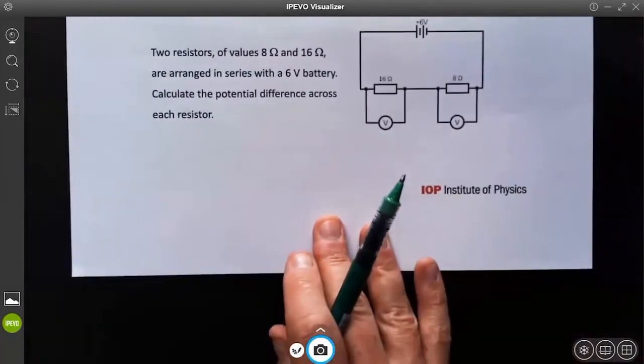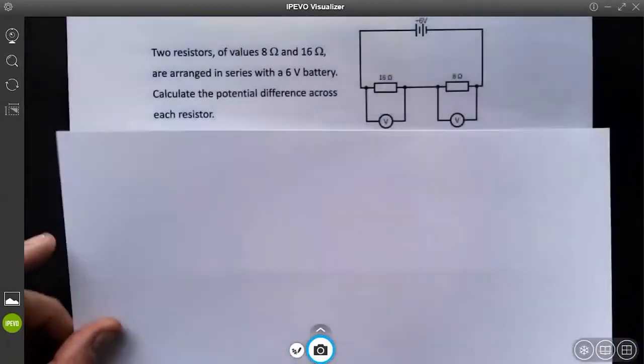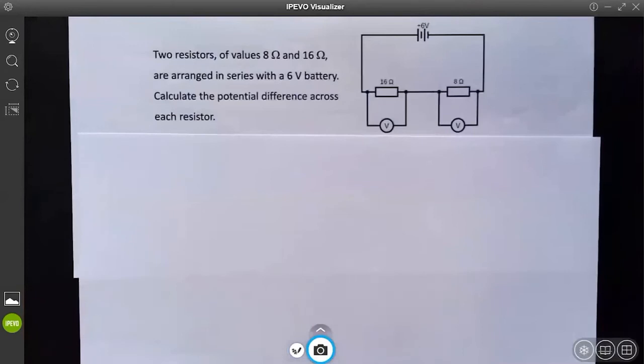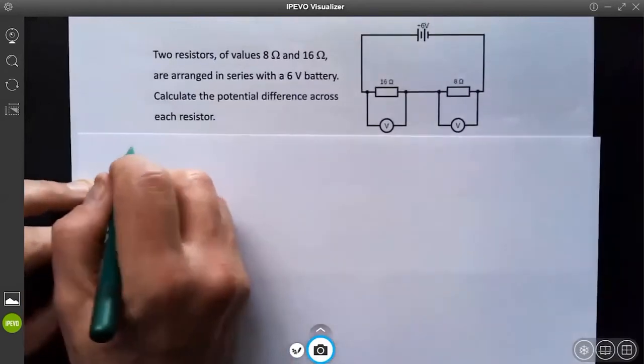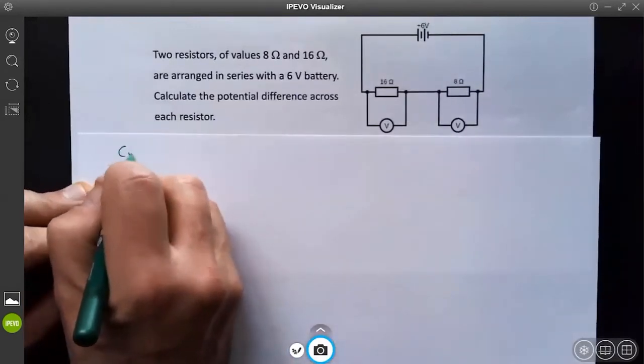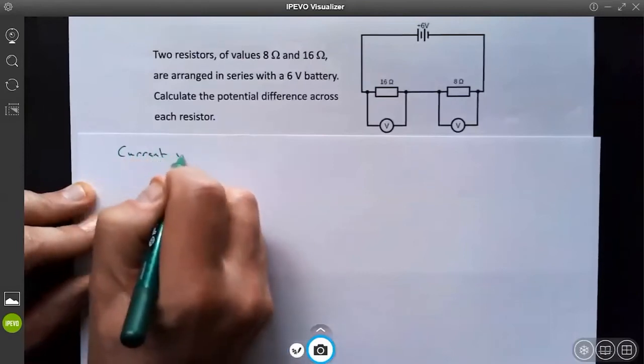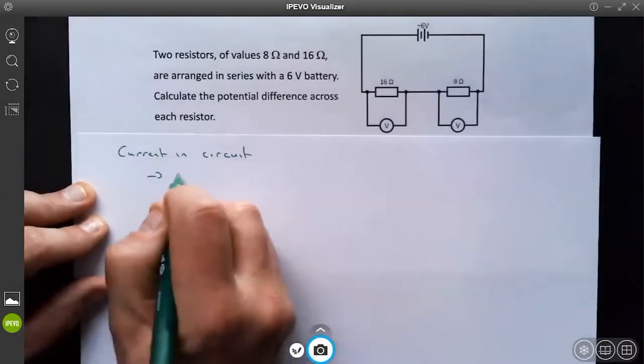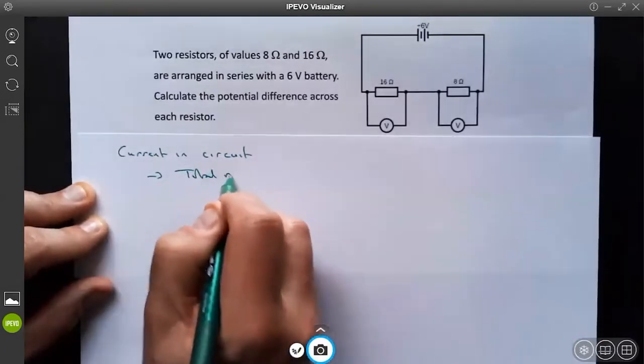So to solve this question, what we need to do to start with is think about the current in the circuit. So we want to calculate the current in the circuit. Now, to do that, we actually need to find the total resistance.